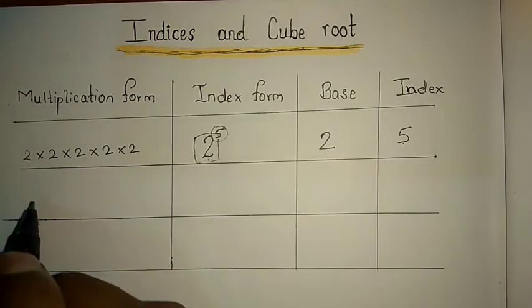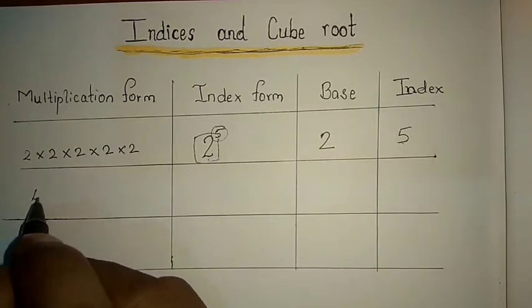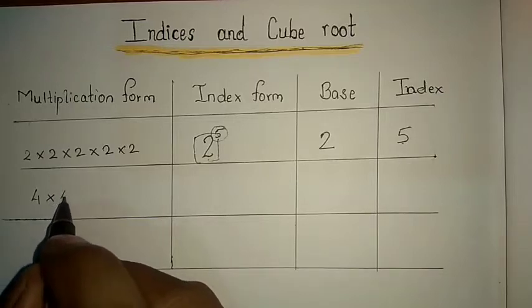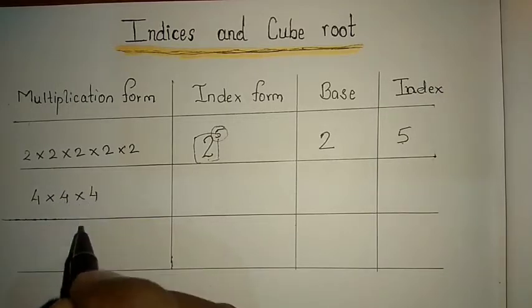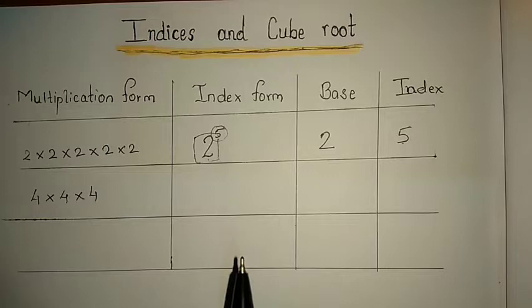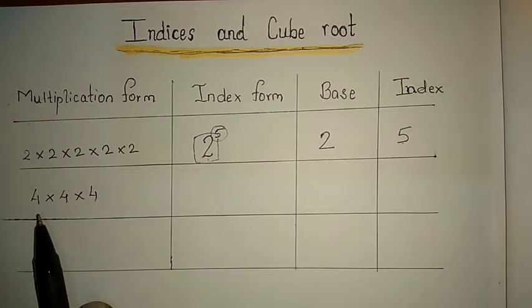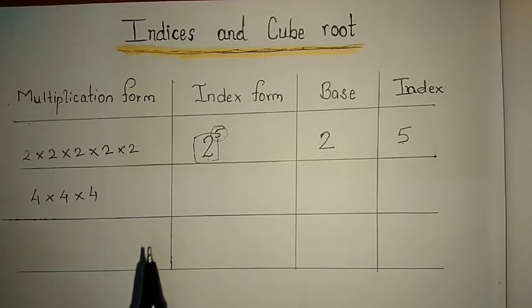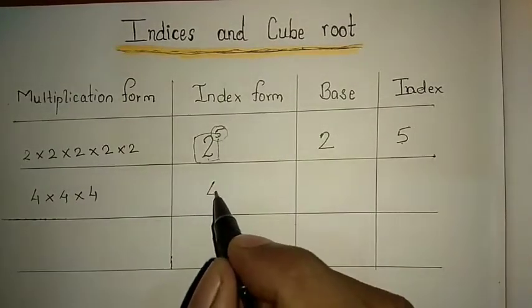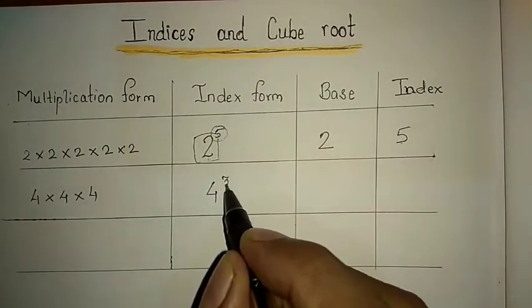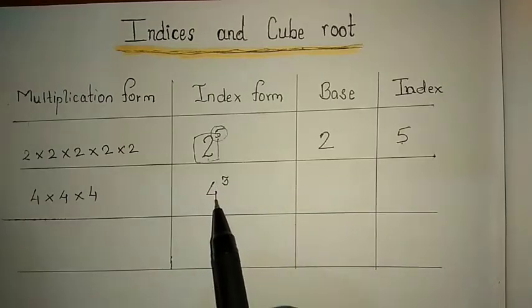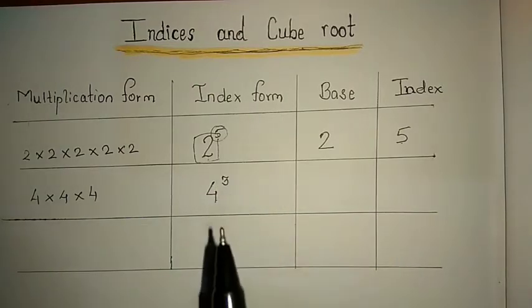Similarly, I have written another number, that is 4 into 4 into 4. I have multiplied 4 how many times? 3 times. So in index form, how will I write it? 4 raised to 3. It means 4 multiplied by itself 3 times.